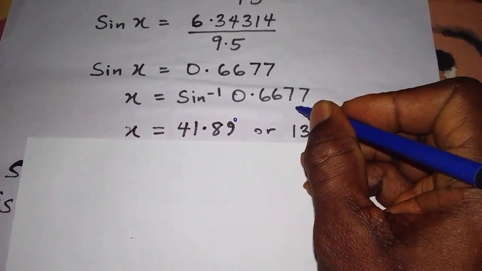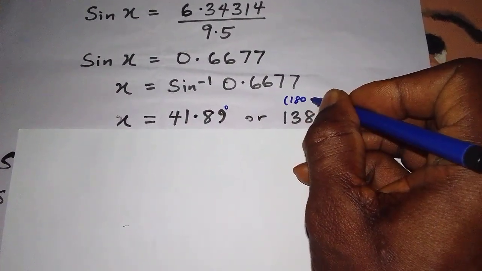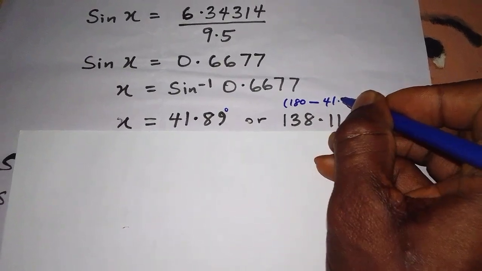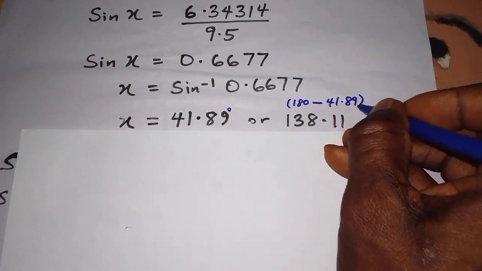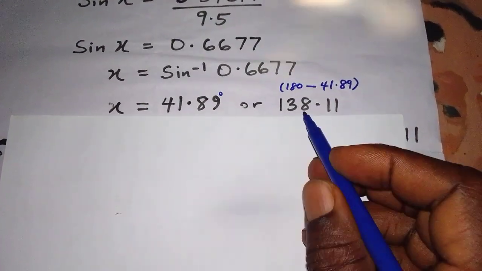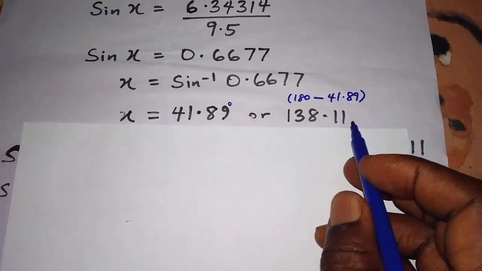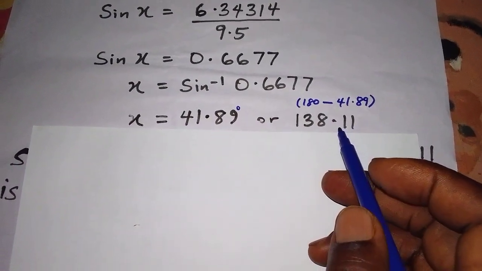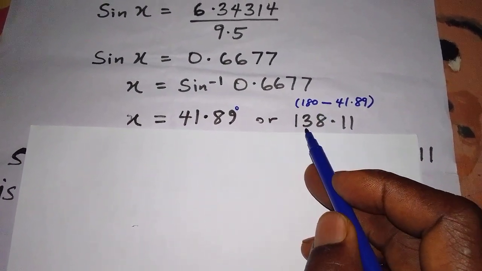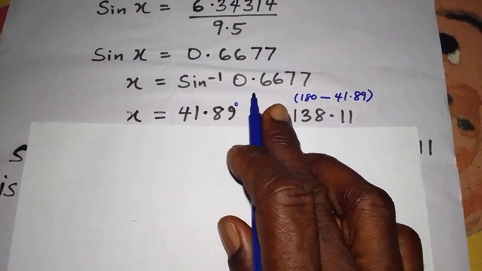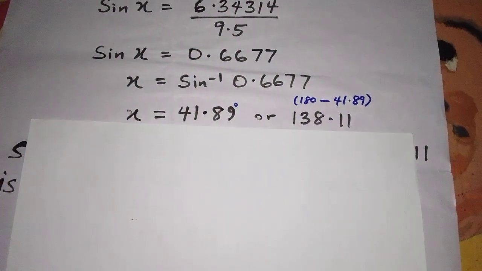That means 180 minus 41.89, which will give us 138.11. If you look for the sine of 138.11, it also gives you 0.6677.